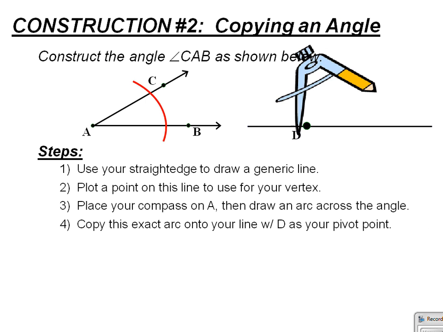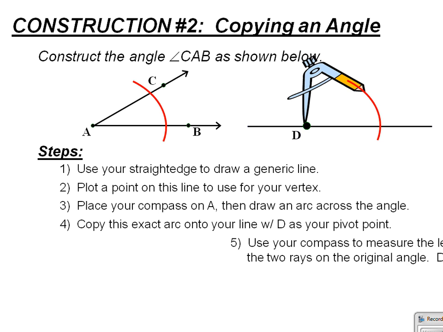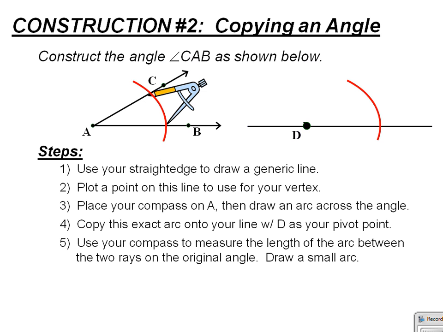Then pivot your compass on point D, and keeping this exact distance, copy this arc onto D, using D as your pivot point. Then take your compass, pivot it on the point of intersection, either point will do, but on the point of intersection where the arc meets one of the sides of the angle.